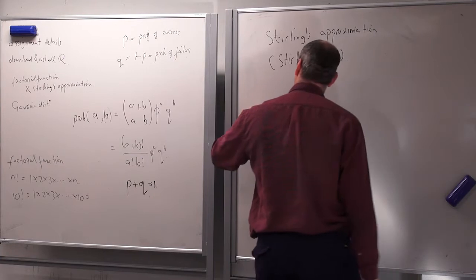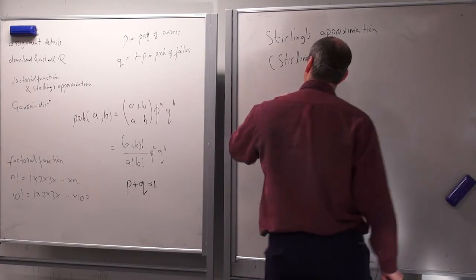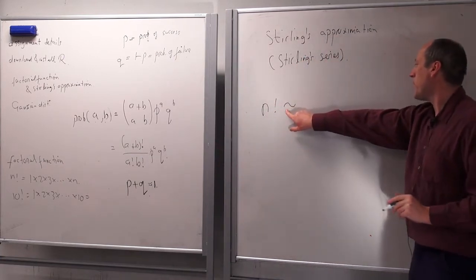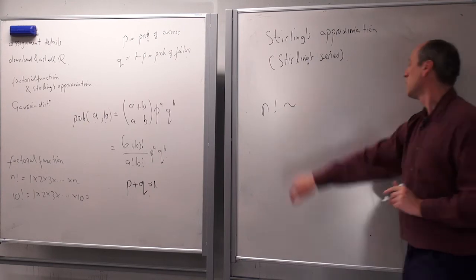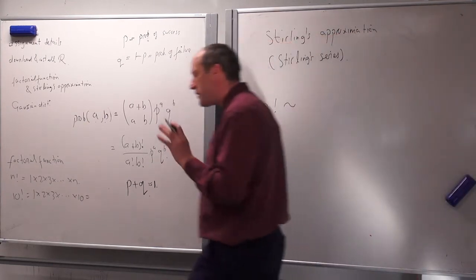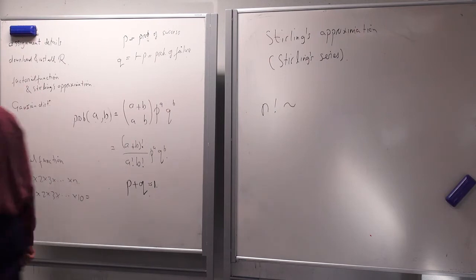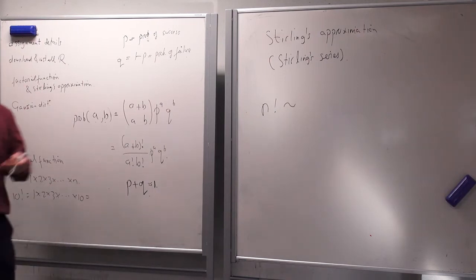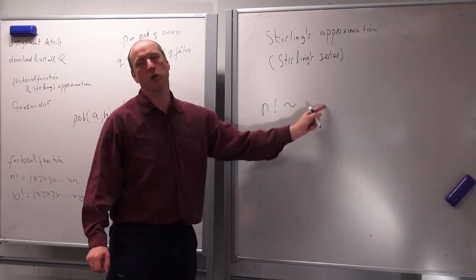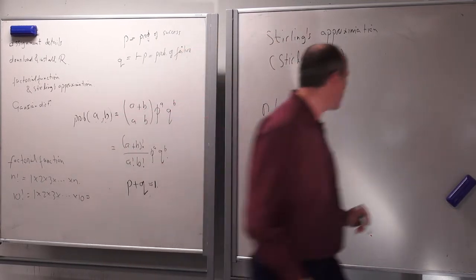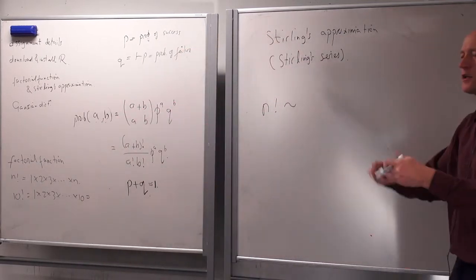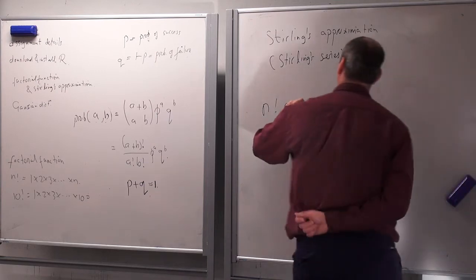And I'll just state out what it is. N factorial, and here's a new symbol for you, is approximately equal to. And I can't explain precisely what that means because it's quite a technical mathematical thing, but what it really means is that the left-hand side is a good approximation to the right-hand side, in a sense which I could make mathematical, but it would take us far afield from the course.